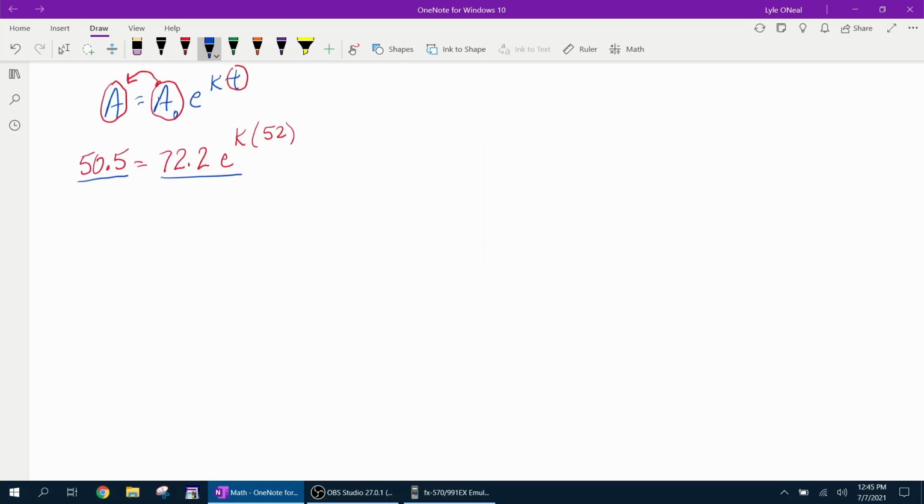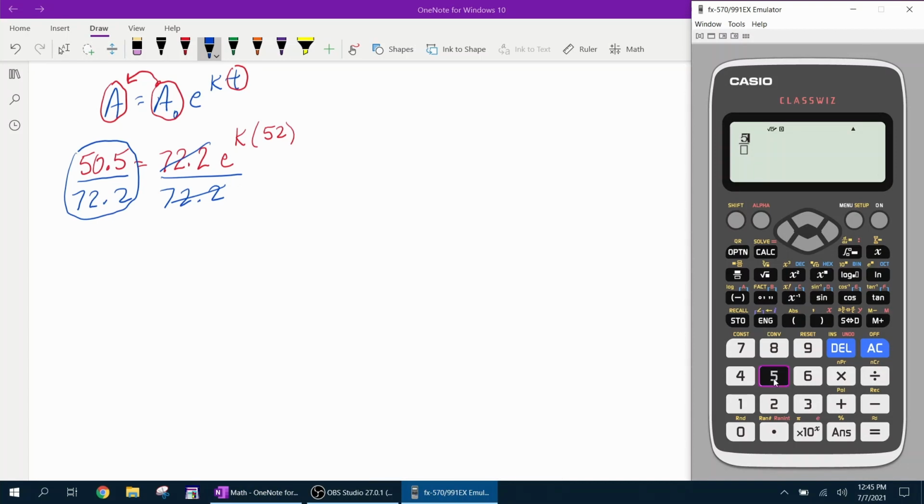Alright, so dividing both sides by 72.2 to get rid of our coefficient of e, and we're going to need to calculate this out to a decimal or a reduced fraction. As a fraction, we got 50.5 over 72.2 as a fraction.